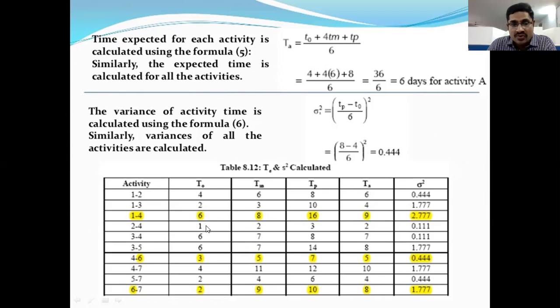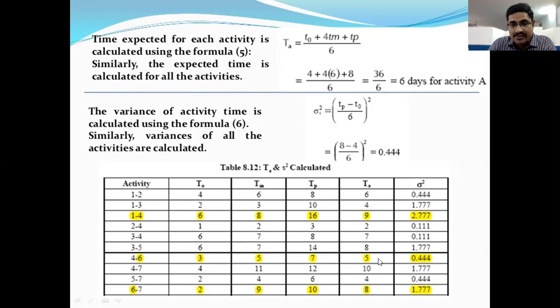And the next, 2 to 4: 1 plus 4 into 2 plus 3, by 6. Then we will get 2. Next, 3 to 4: 6 plus 4 into 7 plus 8, by 6. Next, 6 plus 4 into 7 plus 14, by 6. Then 8 average time. Next, activity 4 to 6: 3 plus 4 into 5 plus 7, by 6.